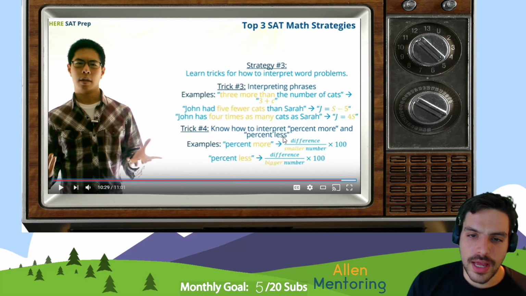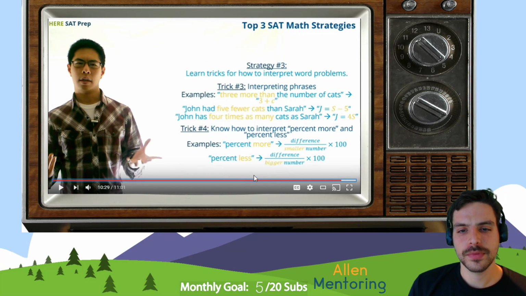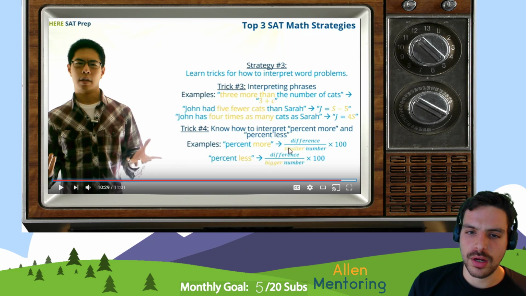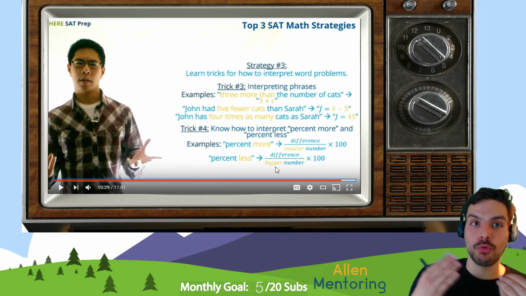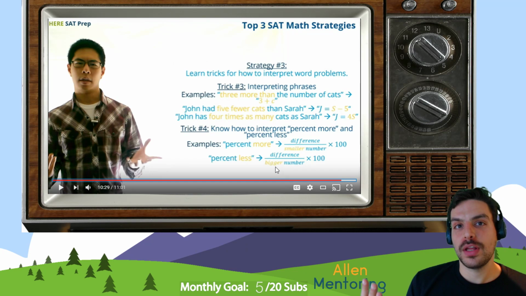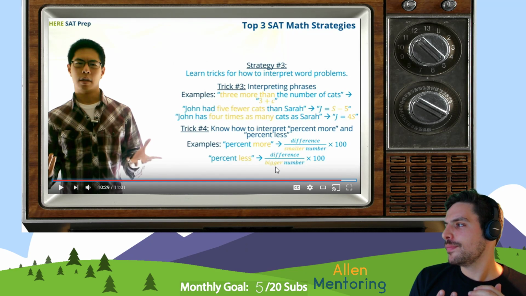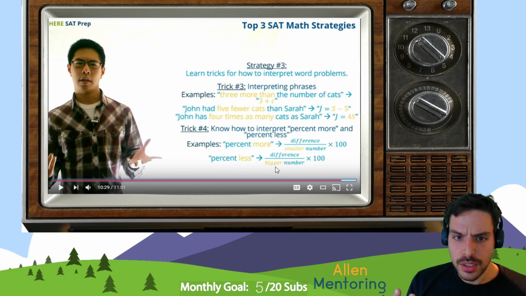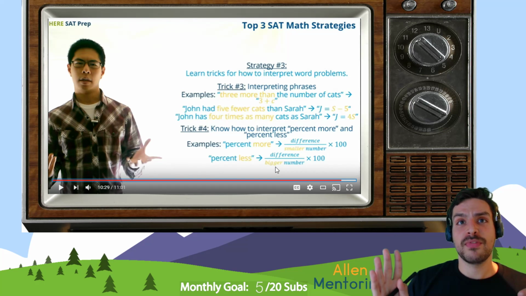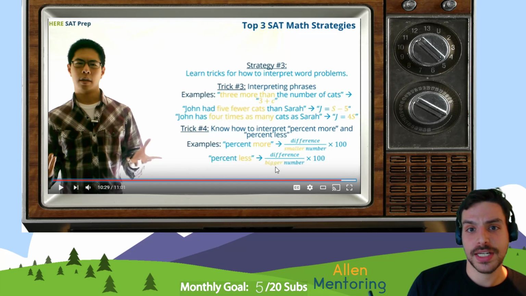So actually, I think I have a slightly better trick for this percent more or percent less. Instead of remembering whether I'm taking the difference over the smaller number or the bigger number, you always want to take the difference over the original number. So for example, let's say it goes up from 100 to 160.